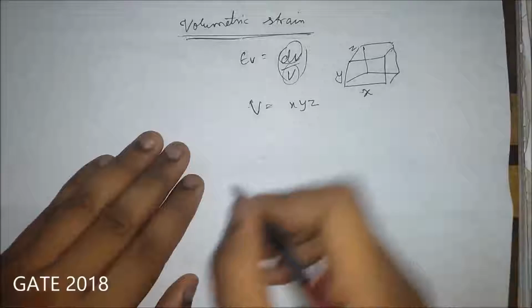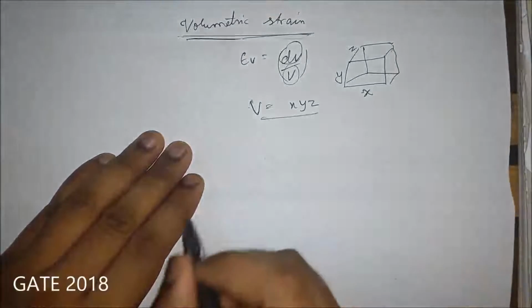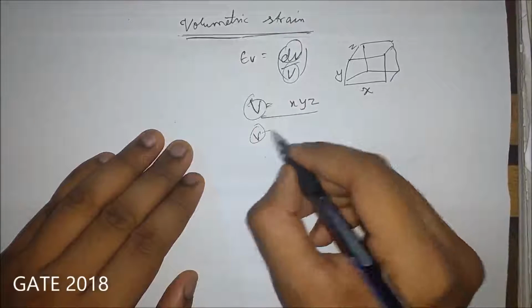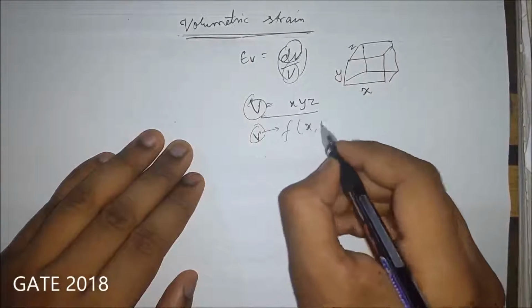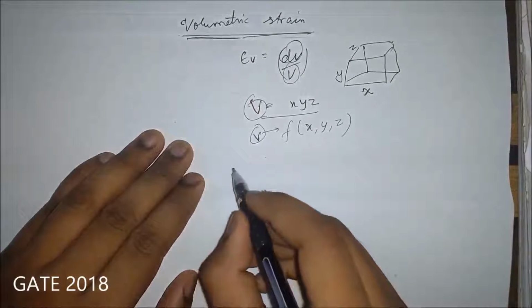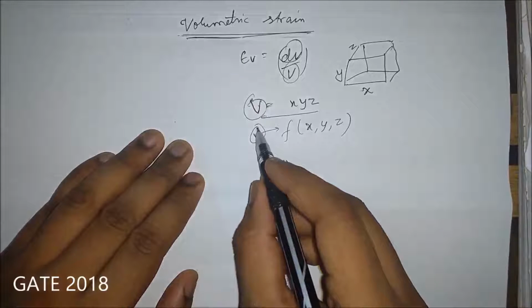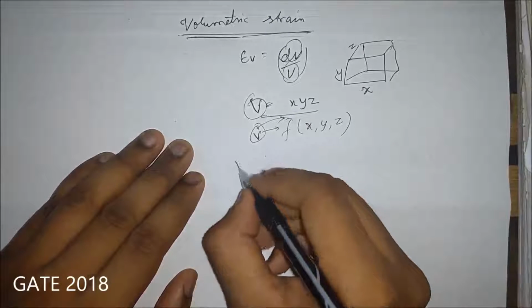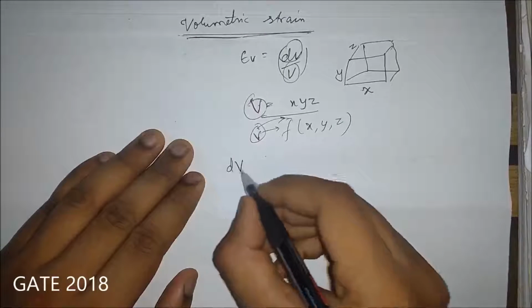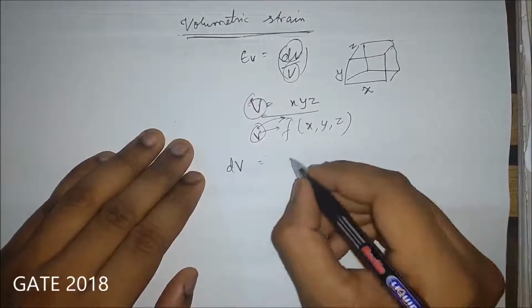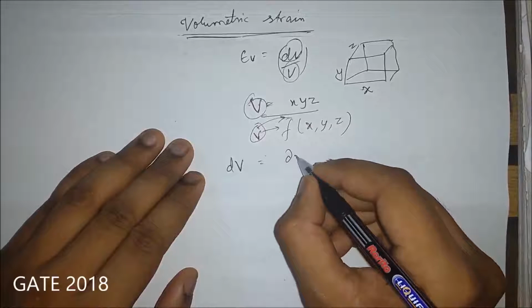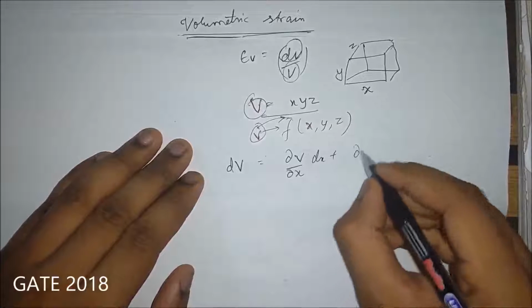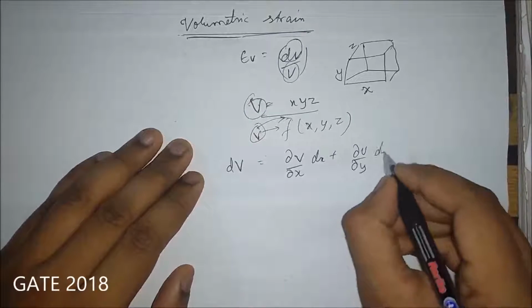Agree? Now if we differentiate it, we know this volume is a function of x, y as well as z. So if we want to differentiate it, we have to go with total derivatives. So dV is dou V by dou x dx plus dou V by dou y dy.